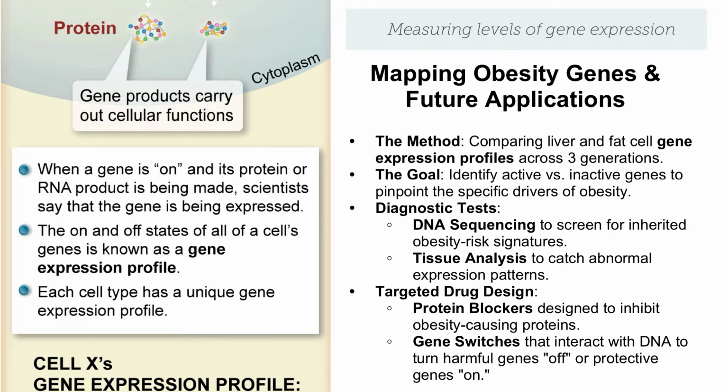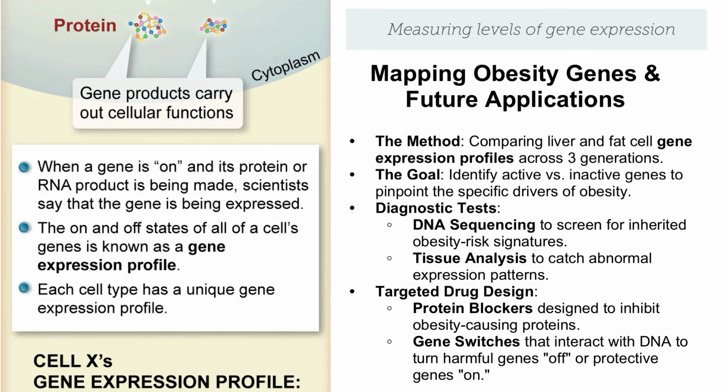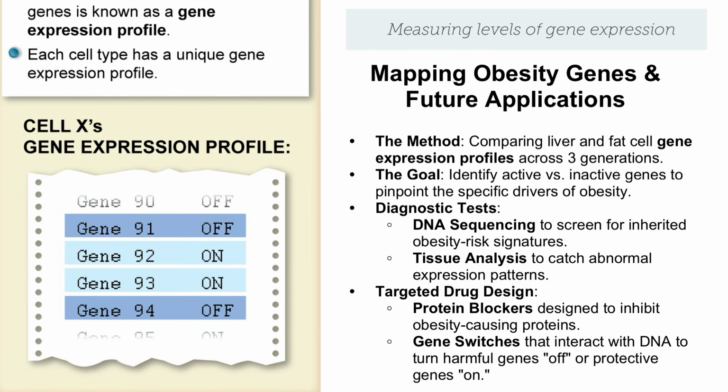Different expression of those genes. Some genes are turned on in some tissues and off in other tissues, making each tissue unique. So just by looking at the tissue gene expression profile, which genes are on and off, we can tell from which tissue this genetic profile came.